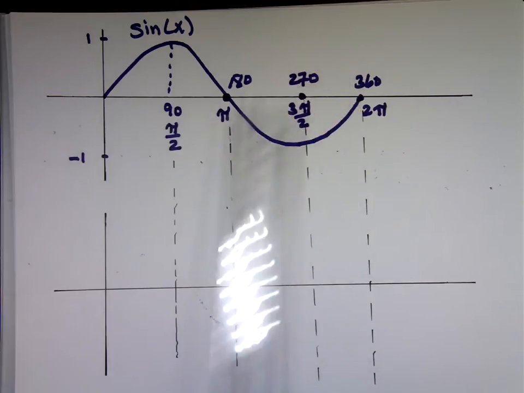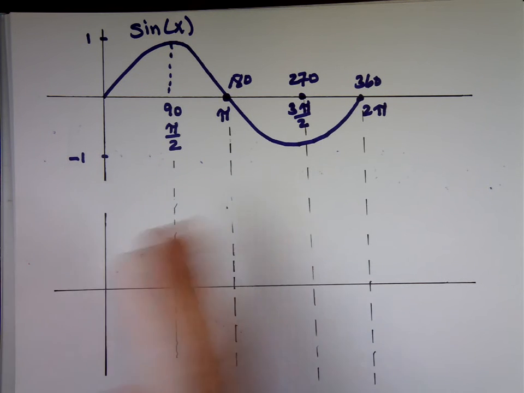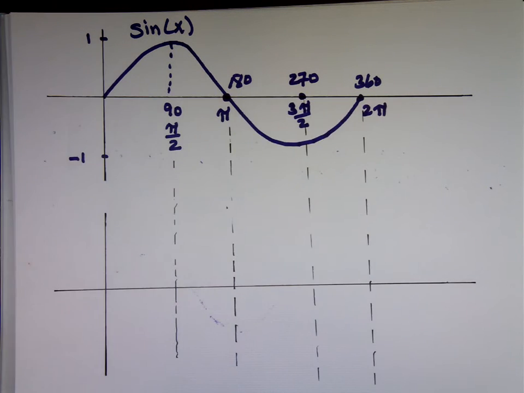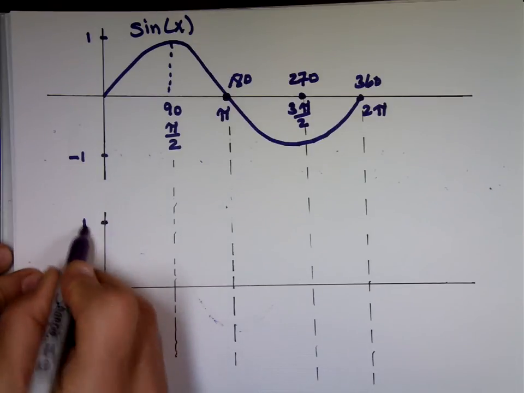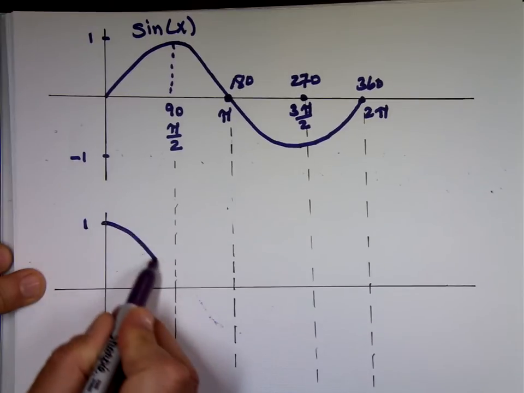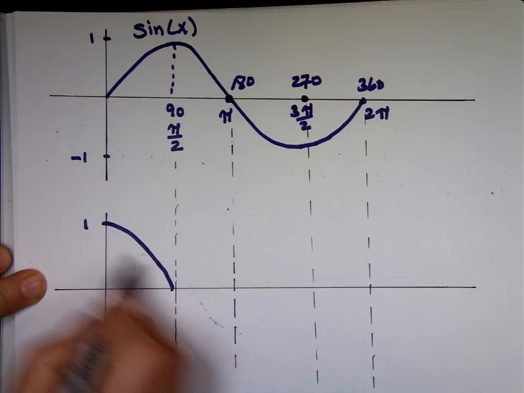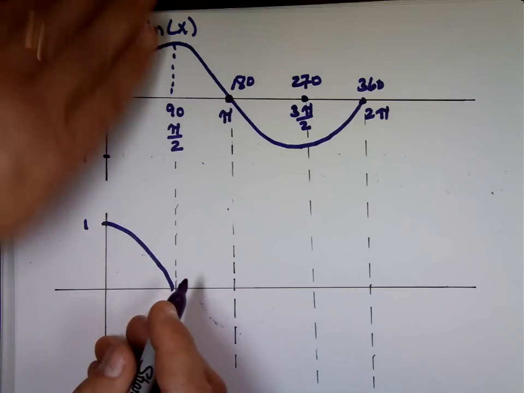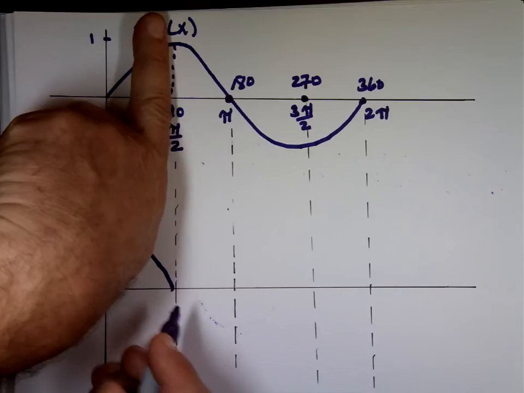What does the cosine look like? The cosine is similar to the sine, but it looks like somebody pulled it back by 90 degrees. So the cosine will start high at 1 here. Just imagine pulling this back, like putting the y-axis right here. That's what you're going to have.